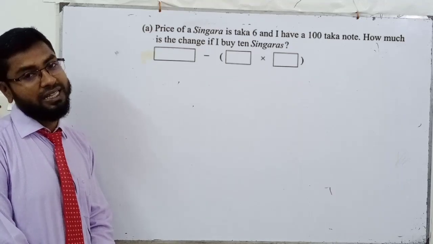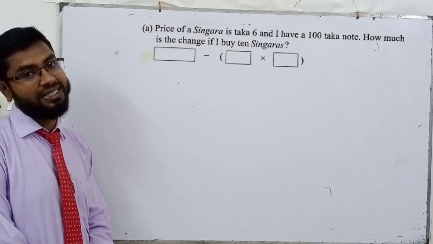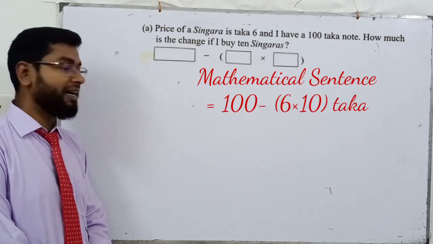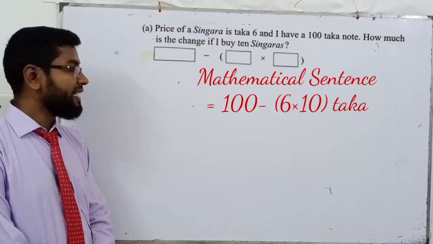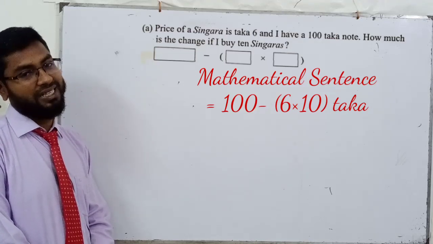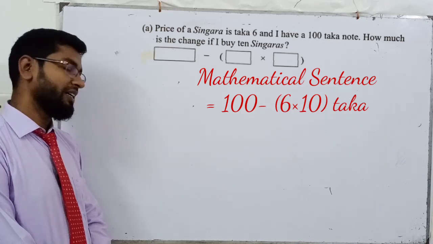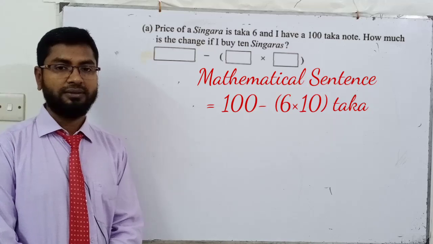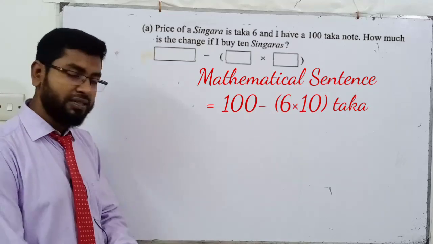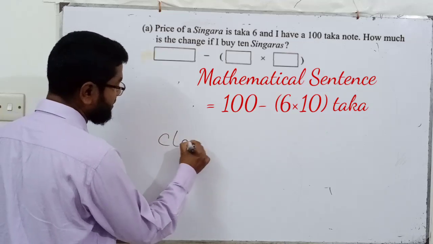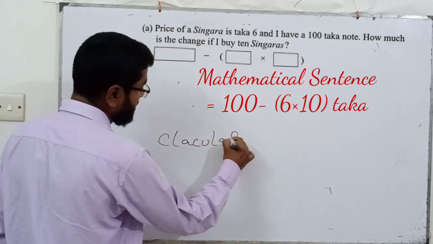So in the mathematical sentence, what should we write? Yes, 100 minus 6 into 10 taka. So if you calculate, you can get the answer. Can you calculate it now? Yes, you will write the calculation.